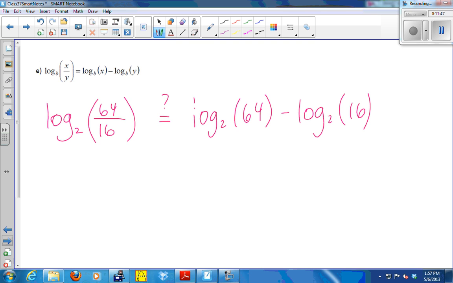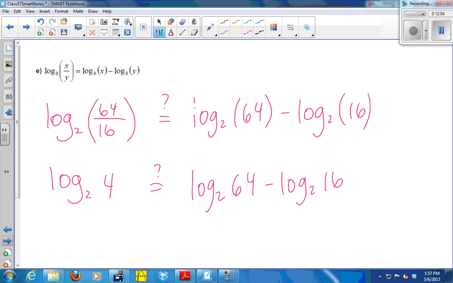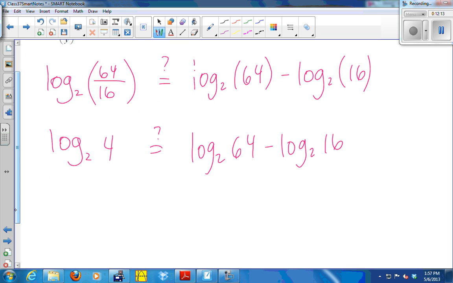So if you do the quotient first, 64 over 16, you get 4. So this left side says log base 2 of 4. Does that equal log base 2 of 64 minus log base 2 of 16? Well, what is the log base 2 of 4? 2, because 2 is the power you raise 2 to make a 4.